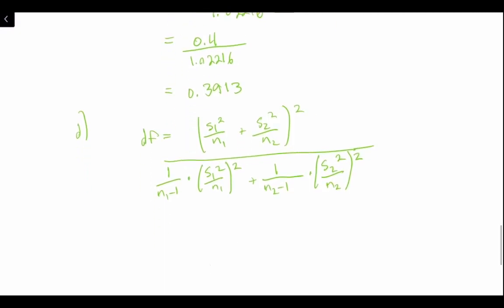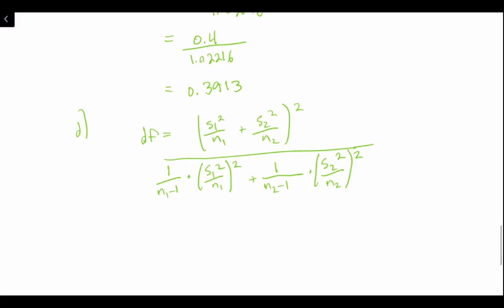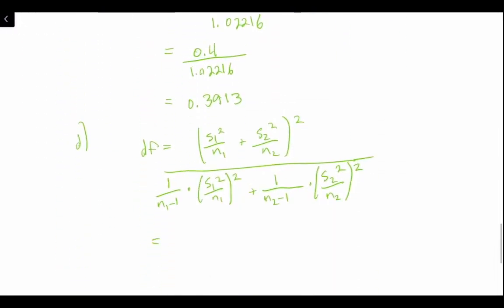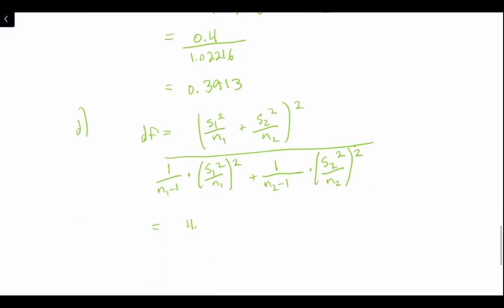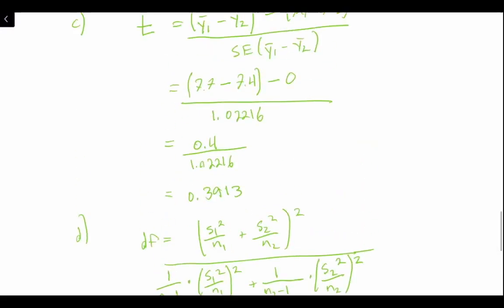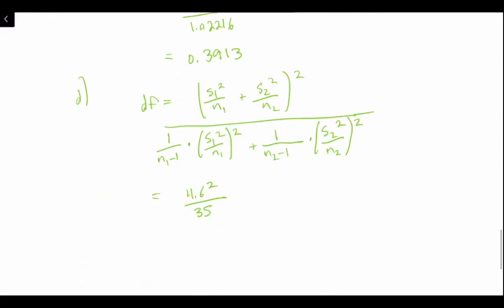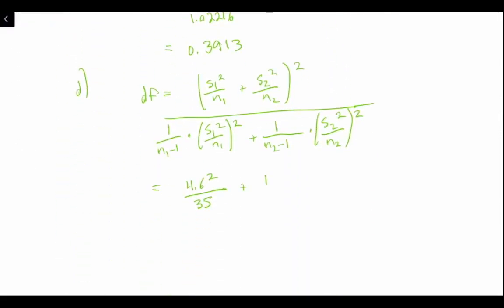So we can go ahead and just start plugging our values in. Our standard deviation of sample 1 was 4.6, so we get 4.6 squared divided by our sample size, which was 35, plus 4.3, the standard deviation of our second sample, squared, divided by our sample size, which was 42. Importantly, this was squared.